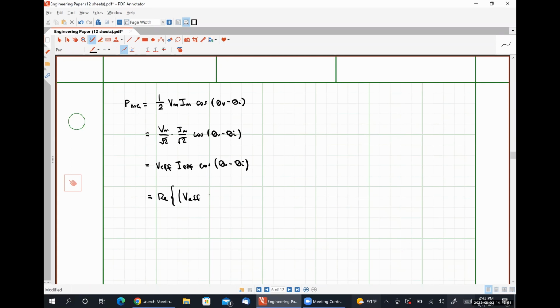V effective with an angle of theta v multiplied by I effective with an angle of theta I conjugate.